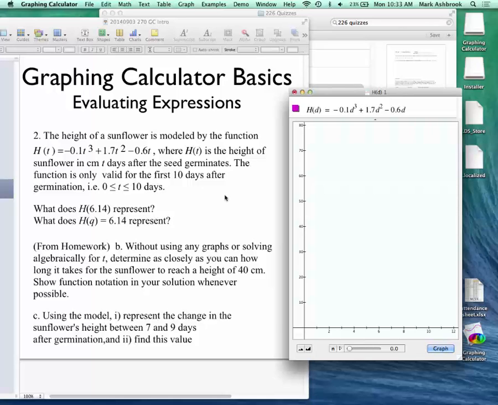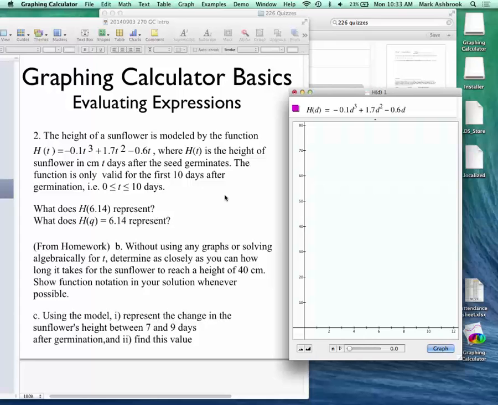So the function h of t is given here by this rule. It's a cubic polynomial. It gives the height of the sunflower t days after the seed germinates. And the function is valid for the first 10 days, from 0 to 10 days. So just as a warm-up, you can talk with the person next to you.